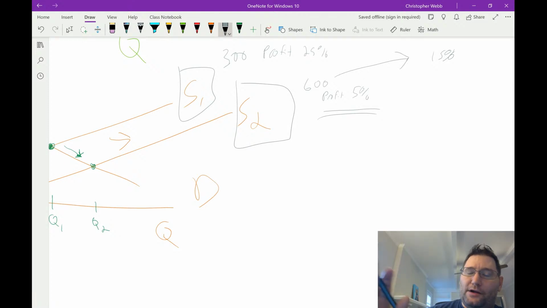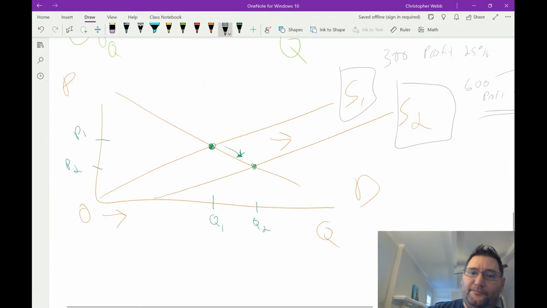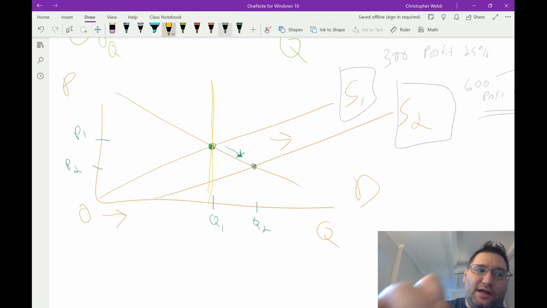How does that play into the long run supply curve? Well, remember we had 600 over here. Let's say 150 exit.